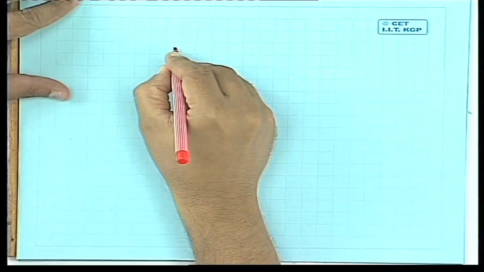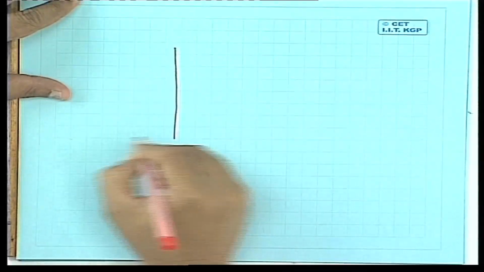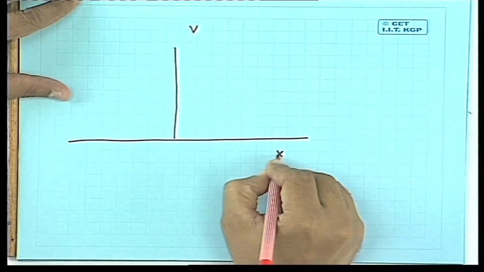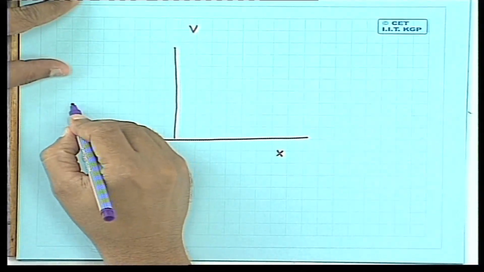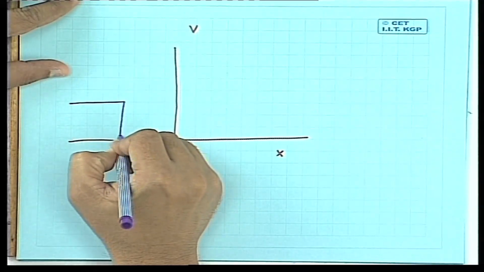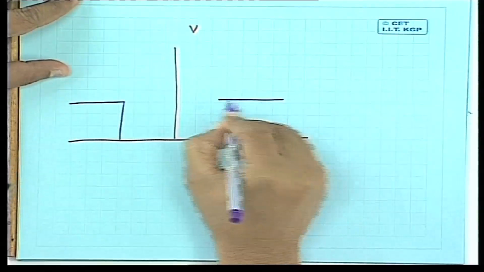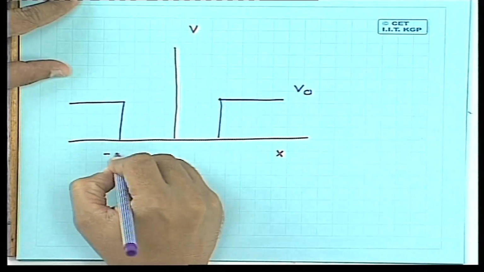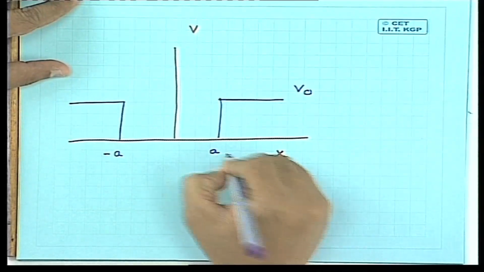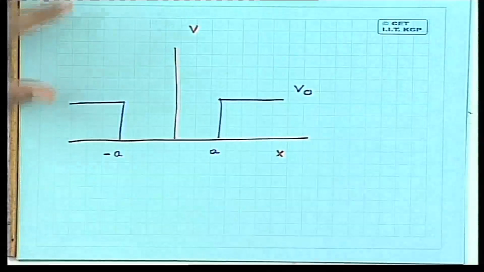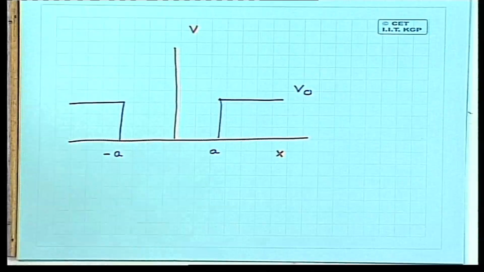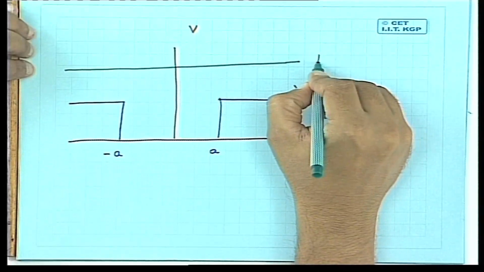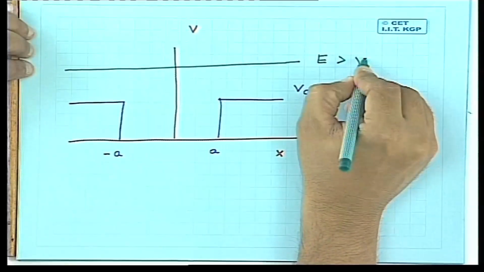So we have the same potential well, V of x, and there is a potential V naught from minus a to a. And we want to now consider a situation where the energy of the particle E is greater than V naught.